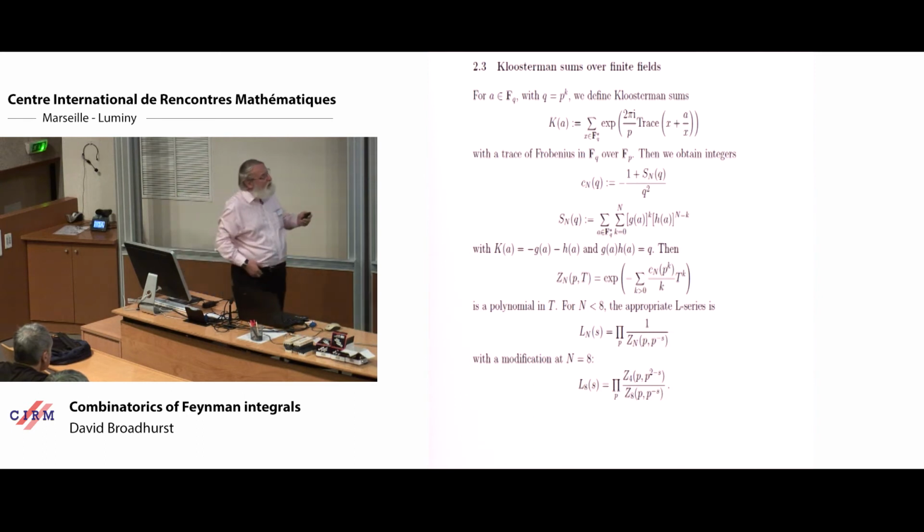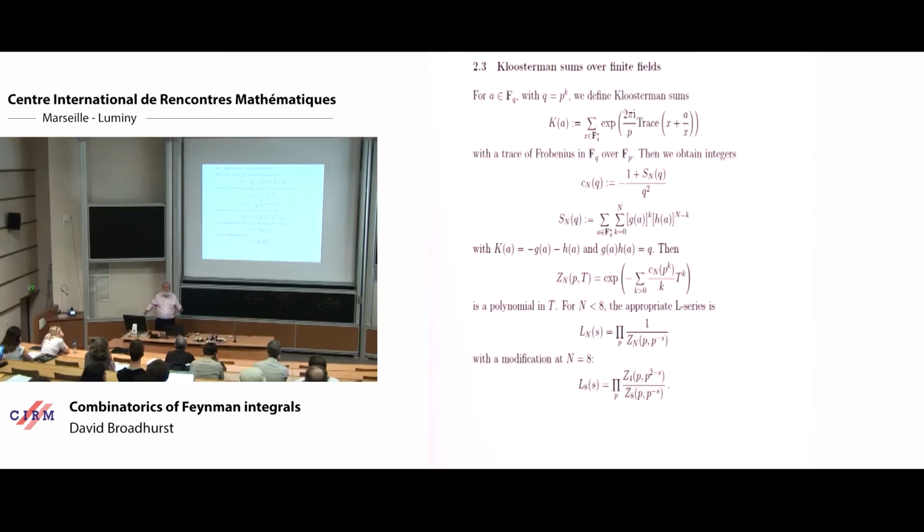So what do you do when you've got these local factors? Well, you do what Euler did. You want to define an L-series, so you take a product over the primes. Now, this has parameter. This is the number of Bessel functions. This is the local place, the prime at which I'm looking. This is an abstract variable t that is the argument of this polynomial. And all I do is I put t is equal to p to the minus s, just like.